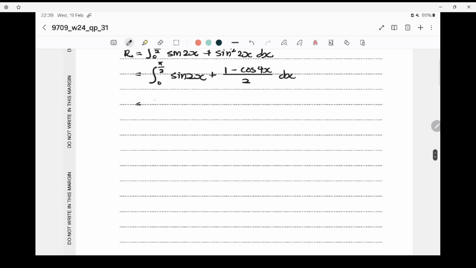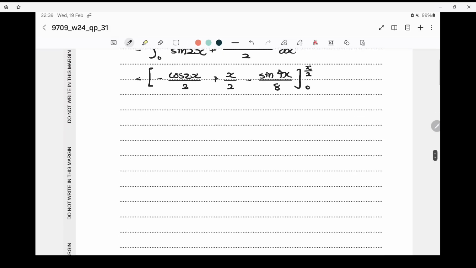After the integration, you basically get minus cos 2x over 2 plus x over 2 minus sine 4x over 8. So you are evaluating from 0 to pi over 2.